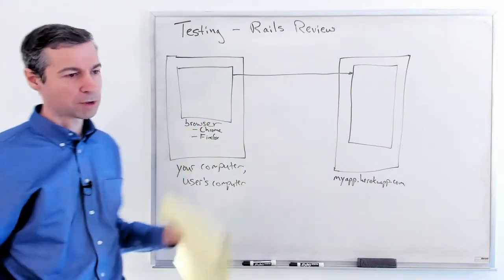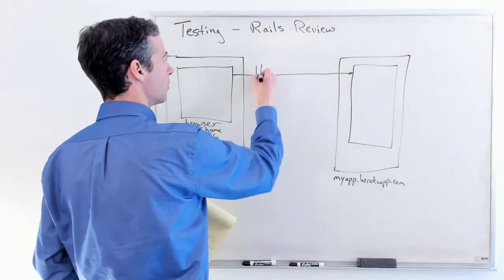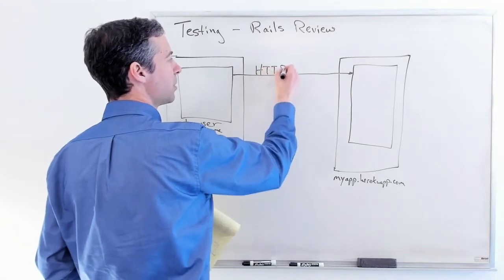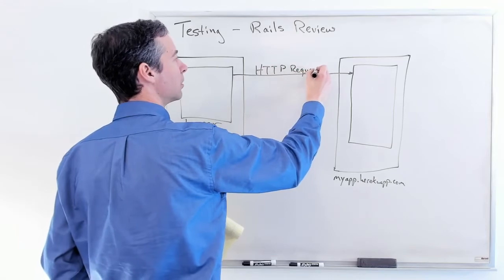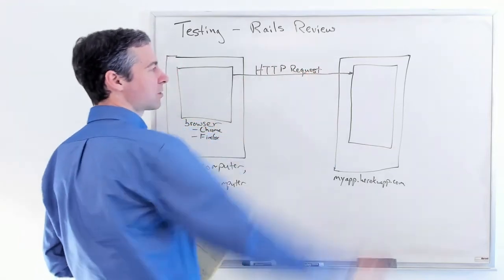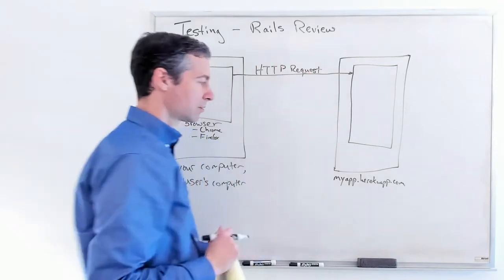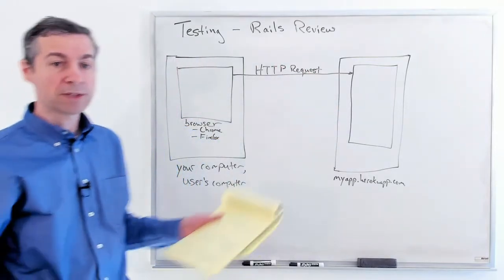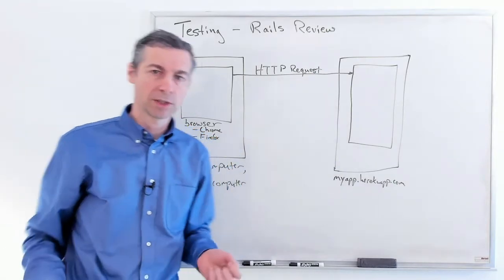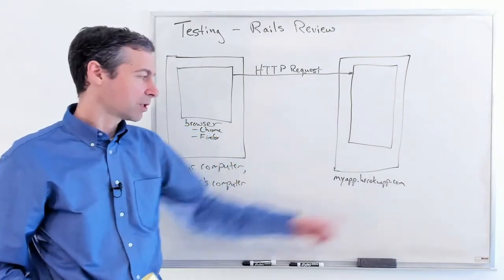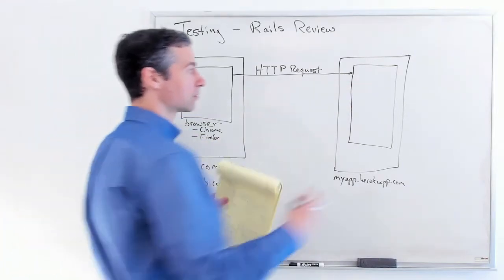It's one of the many programs running there. This is an HTTP request, again, Hypertext Transfer Protocol. So a request goes out, and for example, you might have requested the home page of the app that's running on this machine, and it goes to the web server.